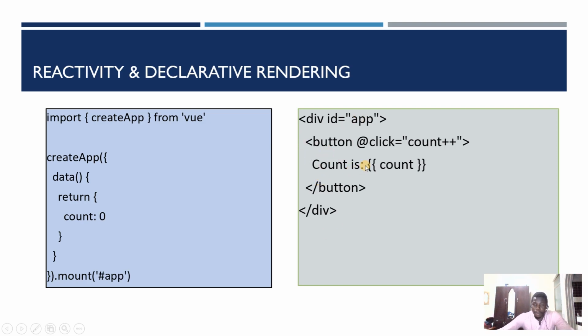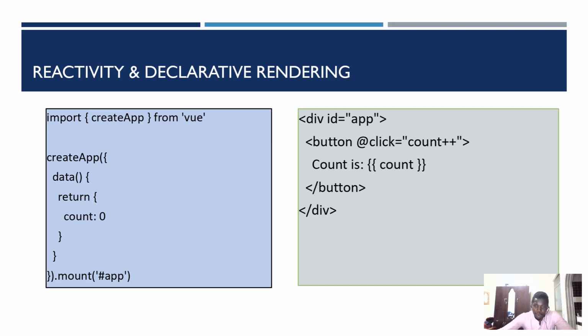This button is simply counting this variable here, count. Whenever you click this button, the variable count is incremented by 1. You click it the first time, it will display 1, the second time 2, and so on and so forth. So this is a minimal example, and from here, you can see it is declarative and reactive.